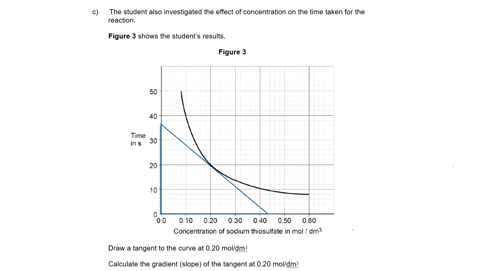The third part of the question asks you to draw a tangent at 0.20 moles per decimetre cubed. The best advice I can give you for this is to make sure you use a ruler, and make sure that when you're drawing your tangent line, you extend it on either end so that you can draw a larger triangle to make your numbers easier.